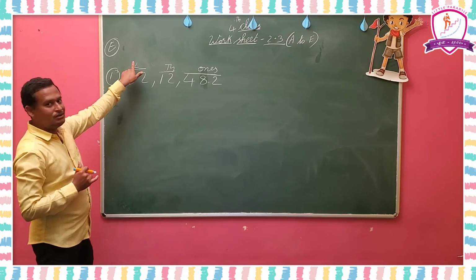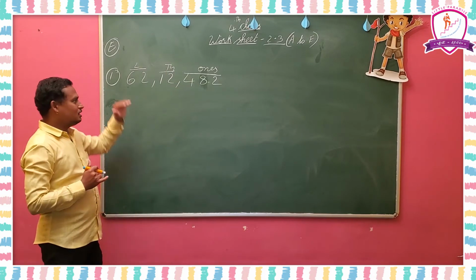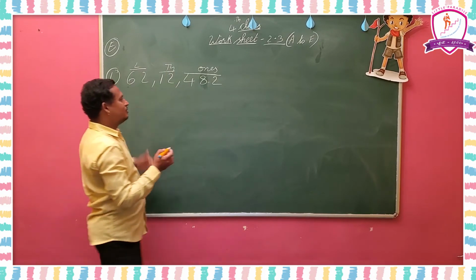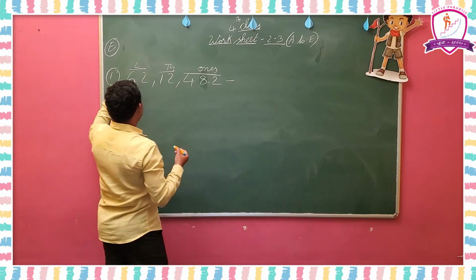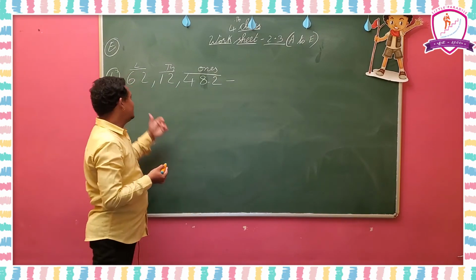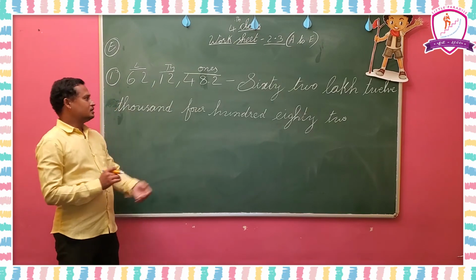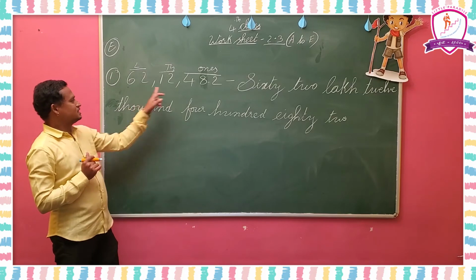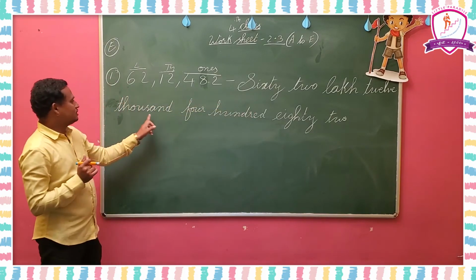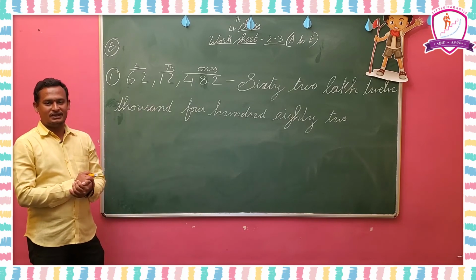Okay. Here 62 lakhs 12,482. Like that you have to read it, and like that only you write the number name: 62 lakhs 12,482.